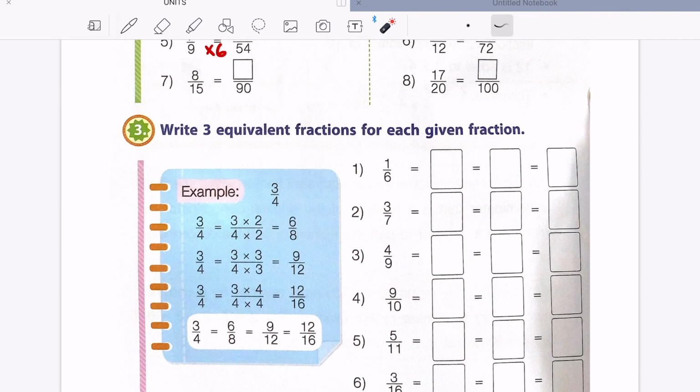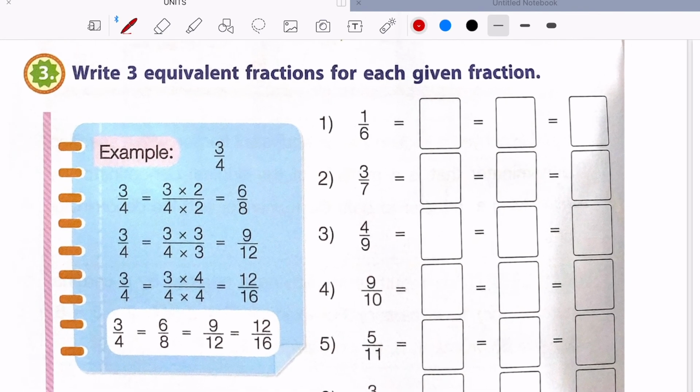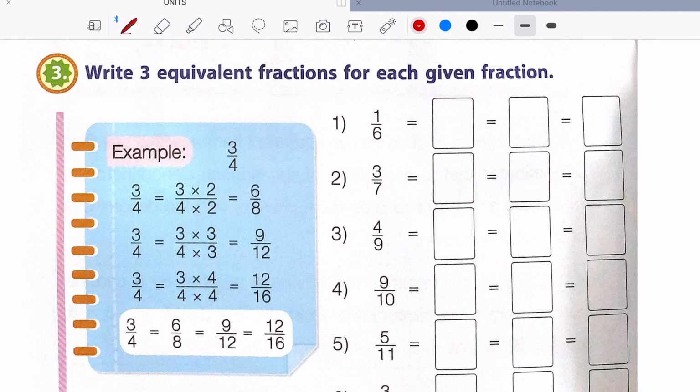So 1/6, I will do one with you. Let's try times 2. 2 times 1 equals 2, and 2 times 6 equals 12. So we can write 1/6 the same as 2/12. So that's the first one.